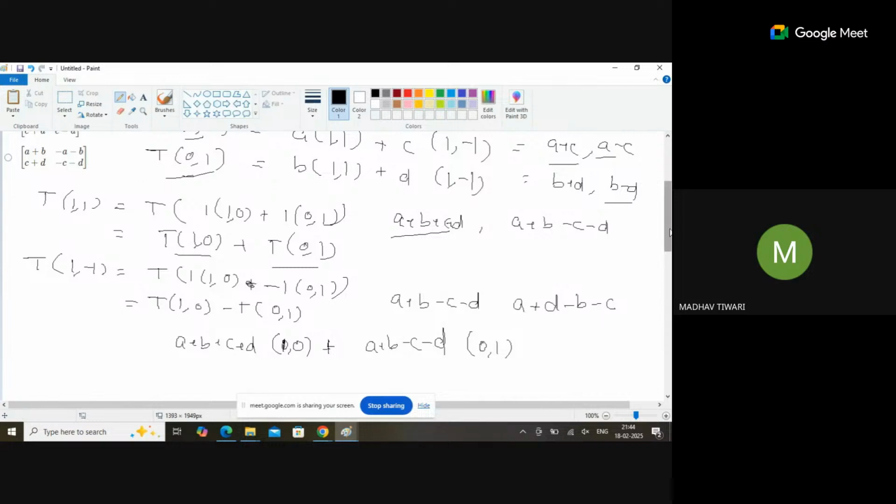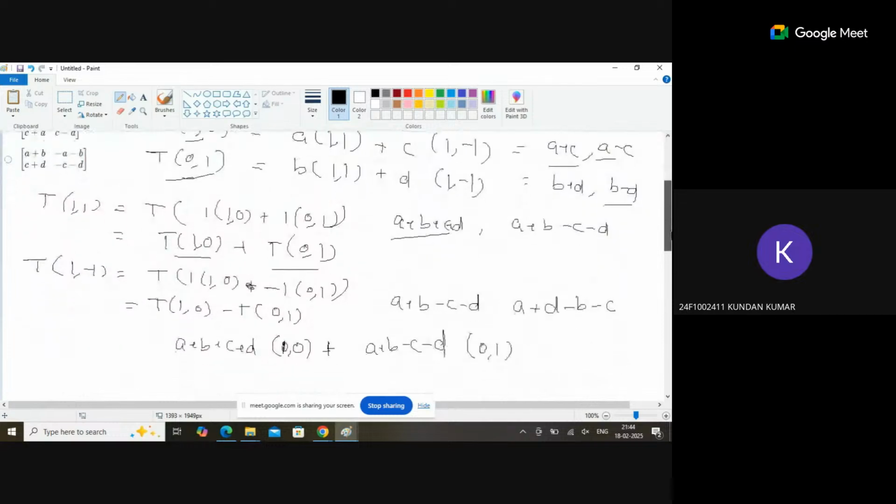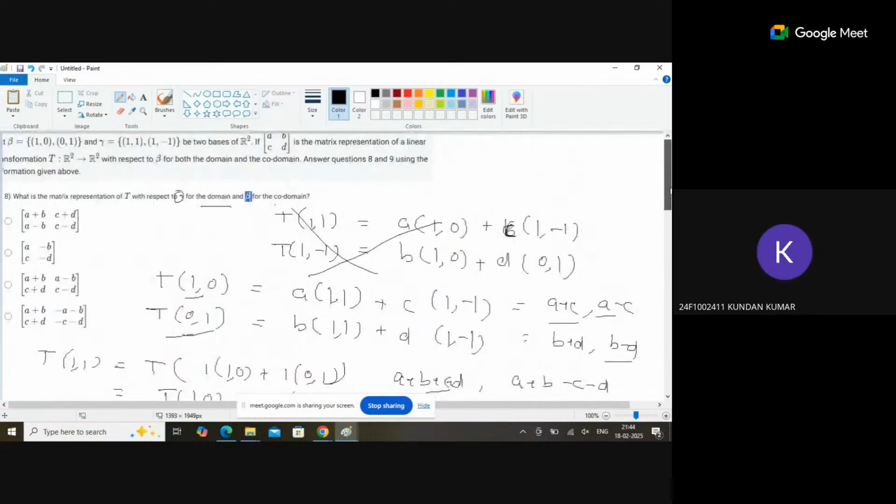Sir, why are you applying two times transformation? First with the standard basis? I am not applying it twice. What was given is this matrix representation when I am using beta for my domain and gamma for my codomain.